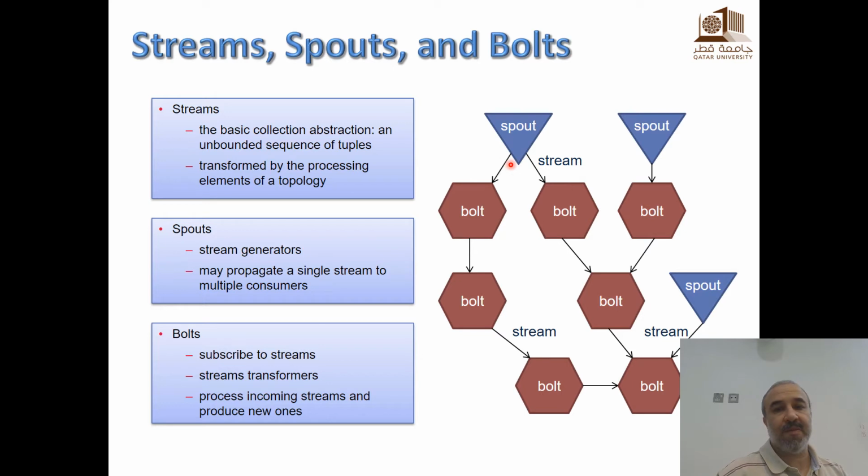Storm through its API allows the user to indicate the parallelism of that board. So if I said 4, that means this would be 4 tasks. 4 tasks can run on 4 different machines, for example. Now that stream will be distributed over 4 tasks in parallel, or 10 tasks if I define it to be 10, and so on.